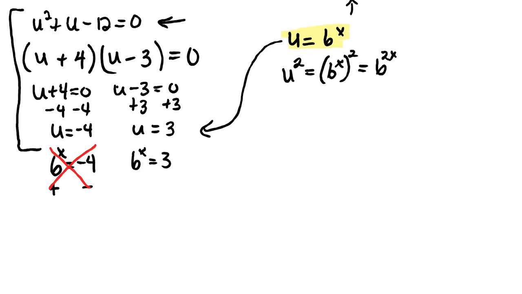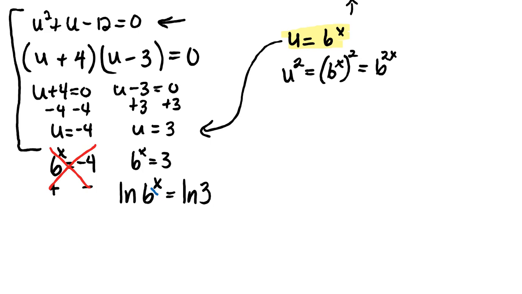But the other one we can solve by either taking the log of both sides or converting it to a logarithm. I'll take the log of both sides. If I take the log on the left, I have natural log of 6^x, and on the right, I'll have natural log 3.